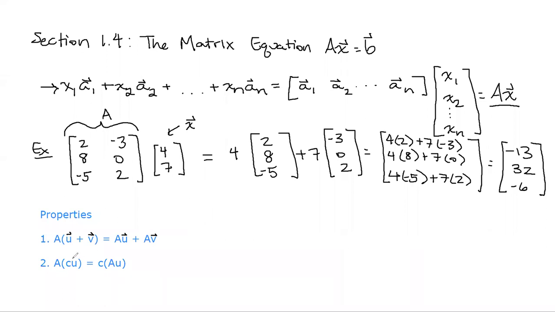If we want to scale our vector, which is the other thing we can do with vectors, we can multiply it by its scalar multiple first and then multiply by the matrix, or multiply by the matrix and then scale it. So that's what we hope would happen. So this is how matrix equations work.